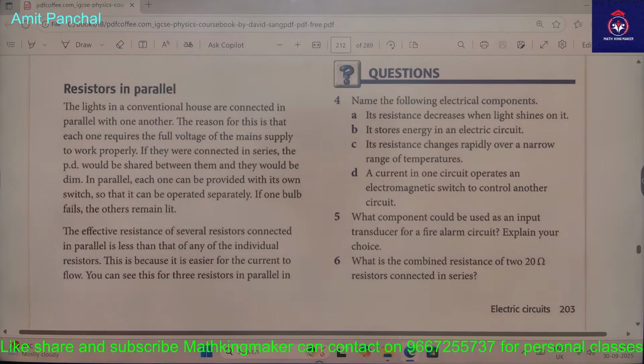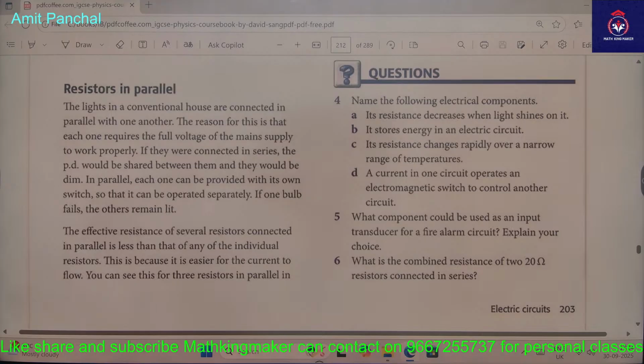So smoke will be the input transducer. As the smoke is there, there are smoke detectors. And what will be the output for that? Output will be the siren. So input is the smoke, output is the siren. As smoke is detected, the siren will be blown.